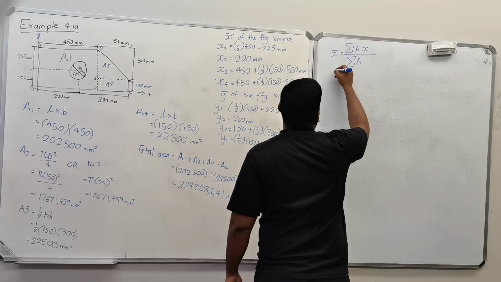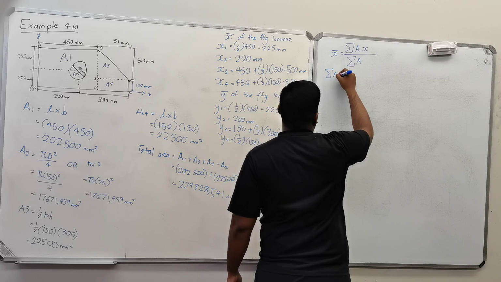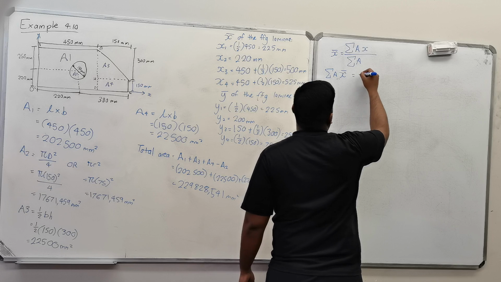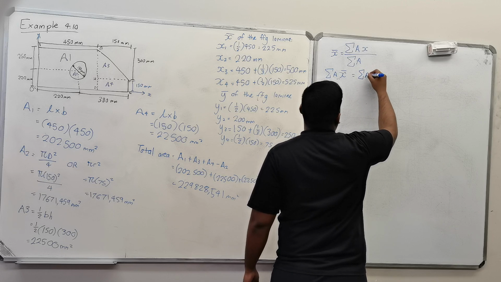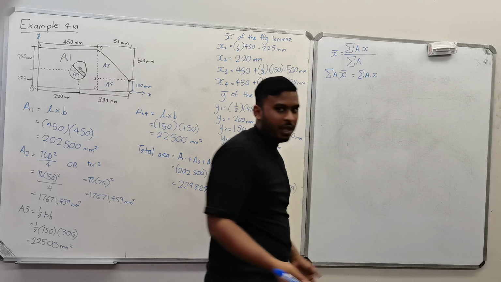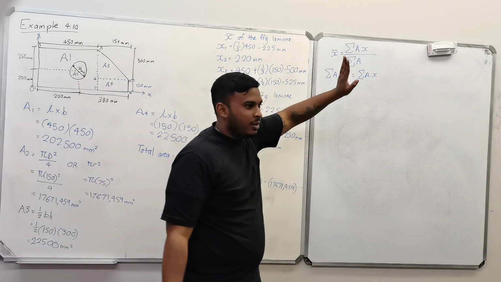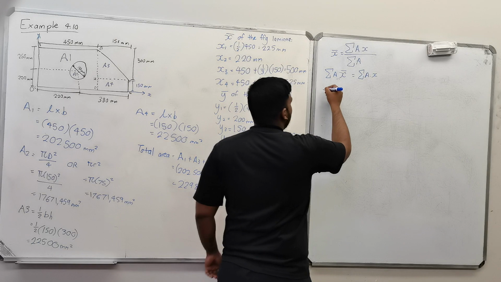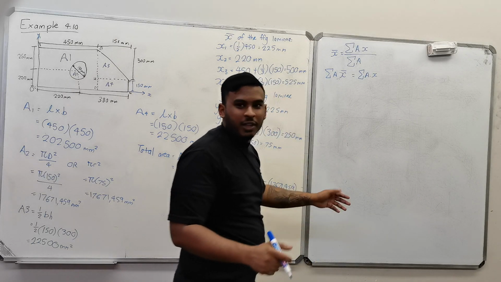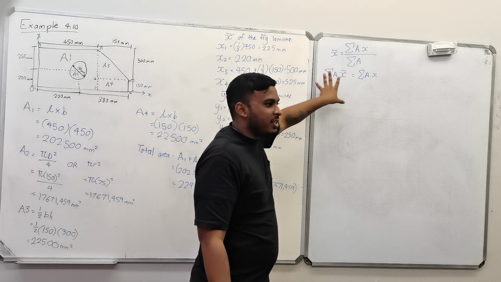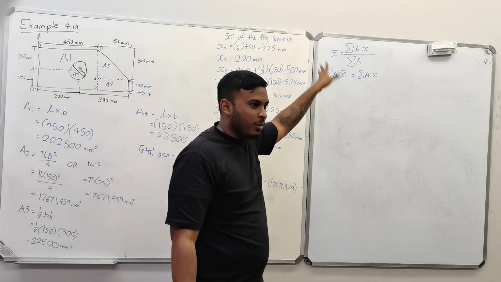I can also rewrite this formula as the sum of area times x bar is equal to the sum of the area moments. All I did was multiply it across, that's all. Keep the other one on top, we know the other one. It's the same thing. This is the area moment of a specific point, and this is the total of the moments.